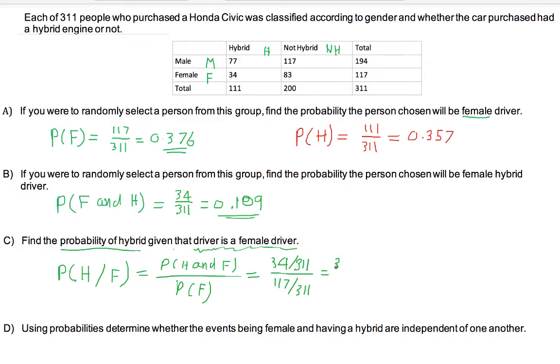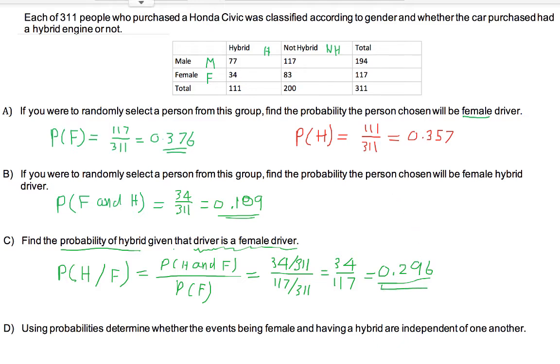Actually you can write down just 34 over 117. It's the same thing because the denominators are the same, so this cancels. So this probability H given F equals 0.296.